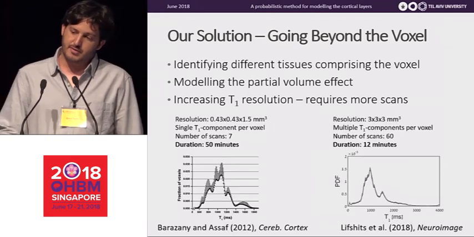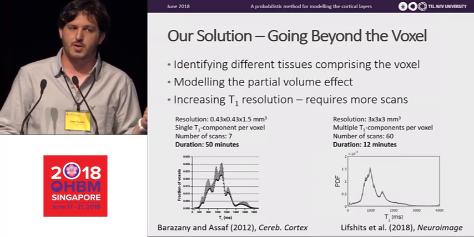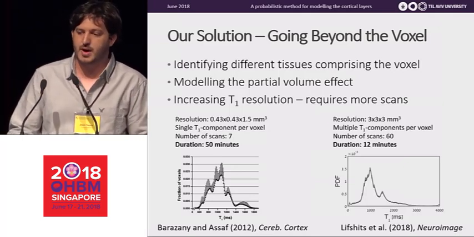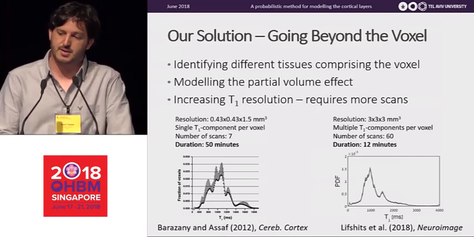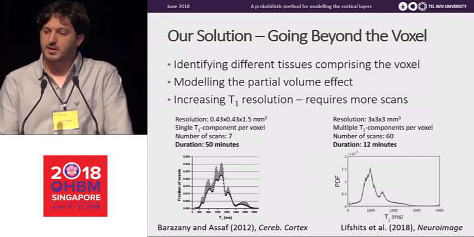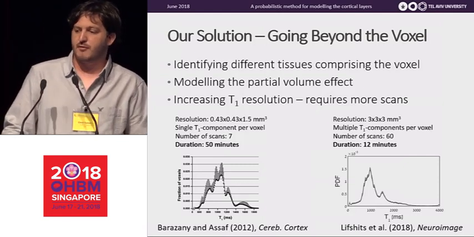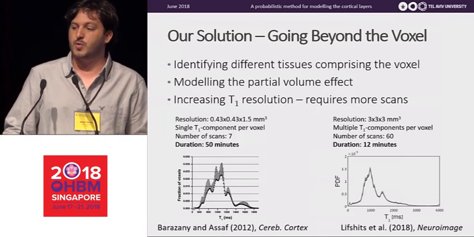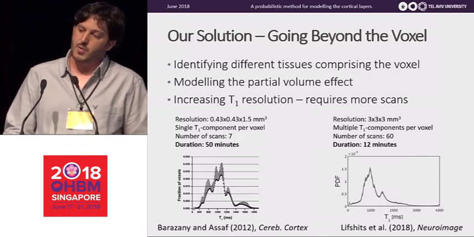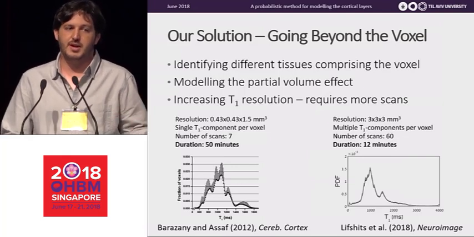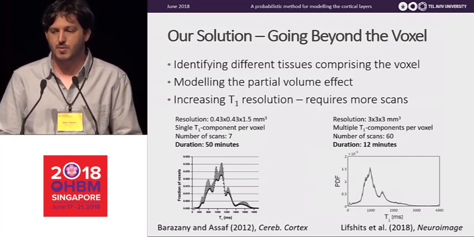So here on the left, you can see the T1 corticogram from before. It's from regular quantitative T1 mapping. In high resolution, it takes about 50 minutes. On the right, you can see the whole brain T1 distribution from a low resolution protocol where the analysis is a multi-compartment analysis, meaning breaking down each voxel into sub-components.